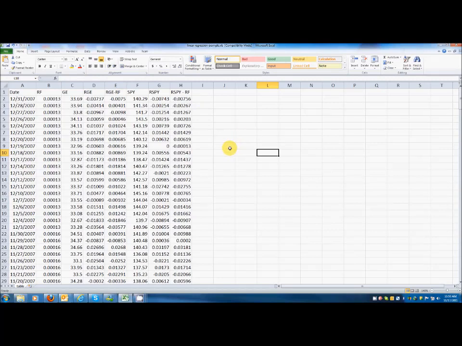Now think about that security market line equation. It says the expected return on the security is equal to the risk-free rate plus beta times the market risk premium. I'm going to make one little change: I'm going to subtract the risk-free rate from both sides. On the left-hand side, I'm going to have the expected return on the security minus the risk-free rate, which is the risk premium for the security.